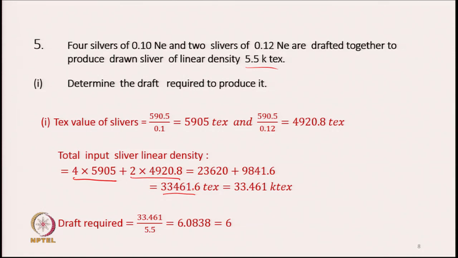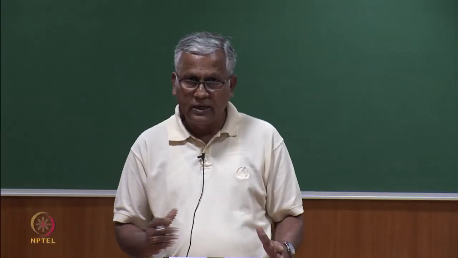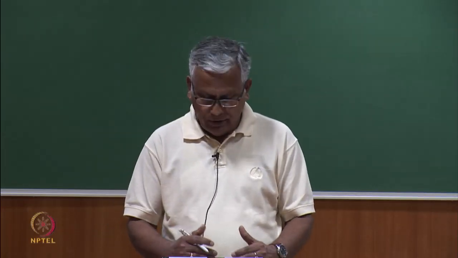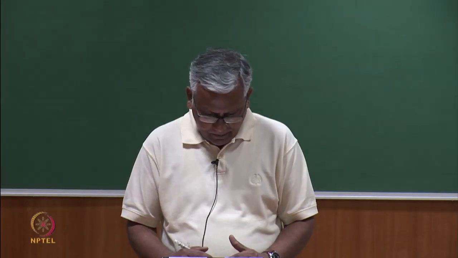Convert them into kilotex, it becomes 33.461 kilotex. So, this is the combined linear density of 6 slivers at the input stage to the drafting unit.